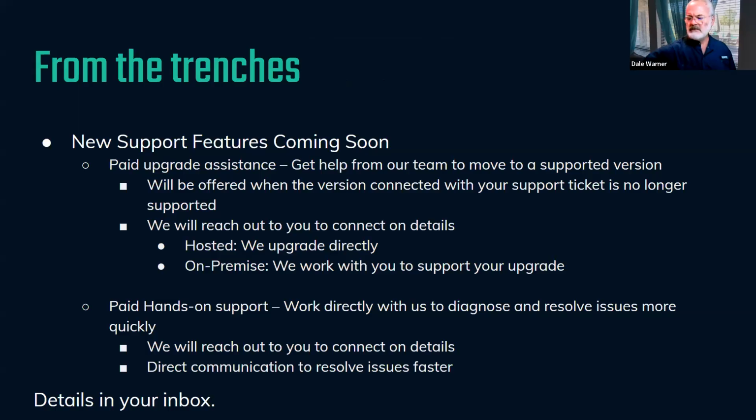One is if you're entering a ticket on a system that is outside of the support window I was just talking about, so at this point, anything version 1.26 or earlier, you'll see the option to get help from our team to do the upgrade if you want it. And if you choose that option, we'll reach out to you and schedule it with you.